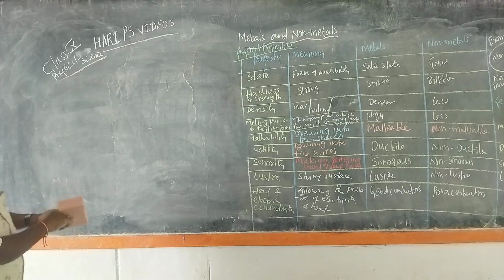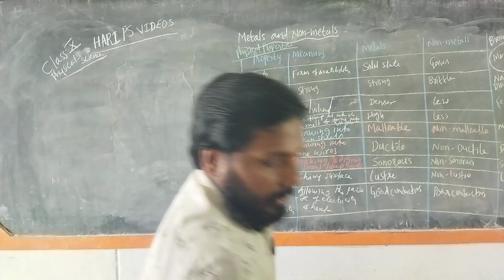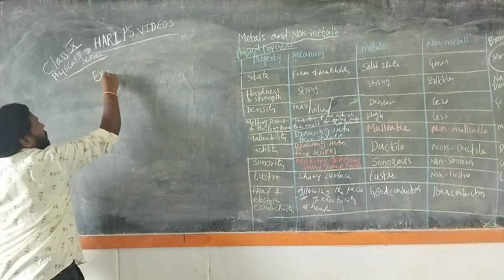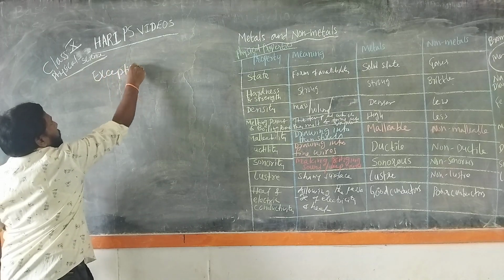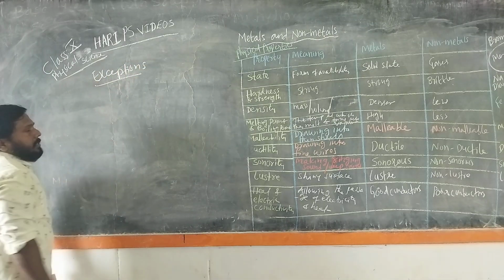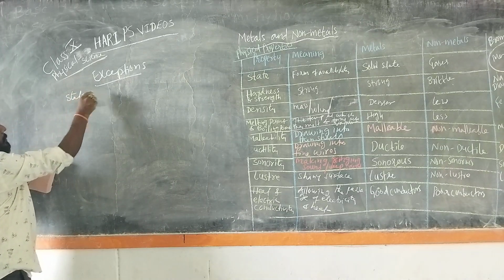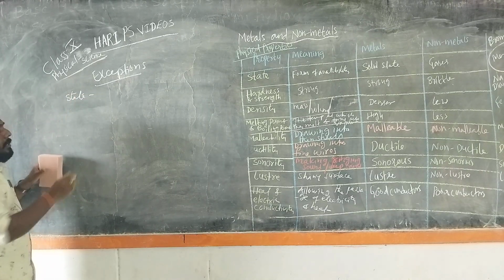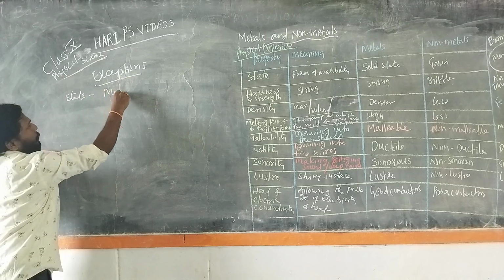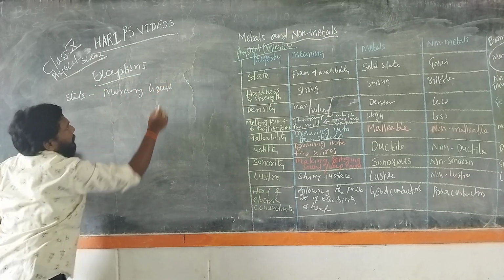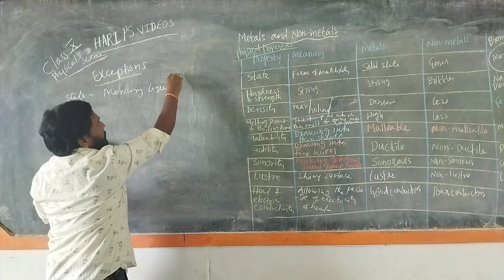Some exceptions in the physical properties. State. Generally metals are solid in state, whereas mercury is a liquid, which is a metal.